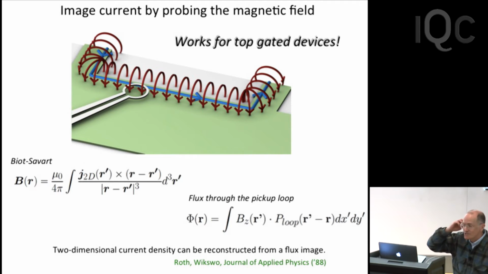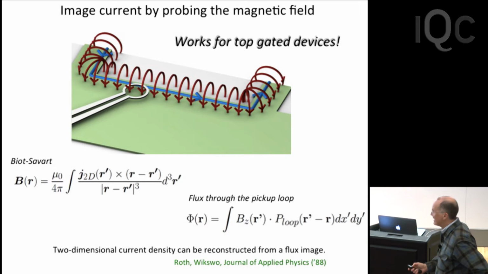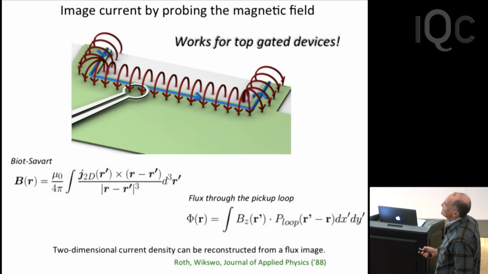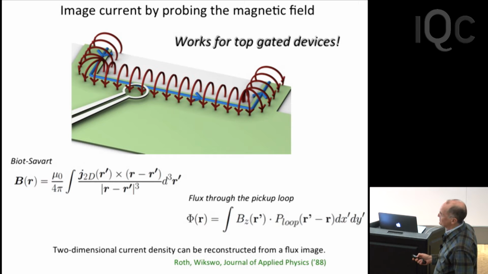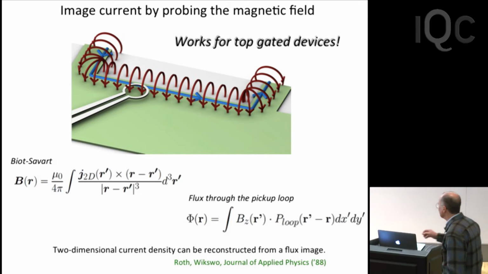You can work backwards. Once you know what the magnetic flux above the sample is, then you can deconvolve this relation and get the two-dimensional current density from the flux image, and I'll show you some images like that.